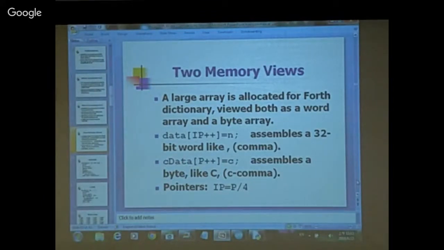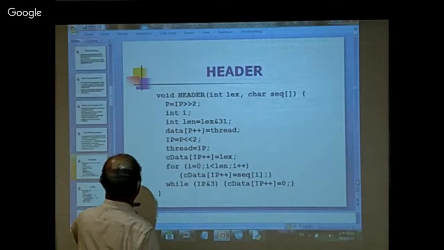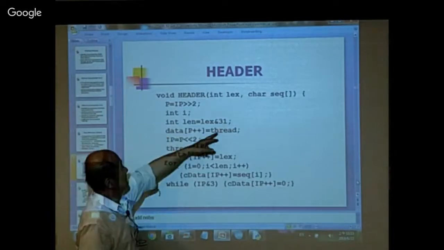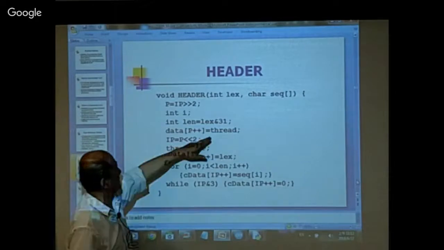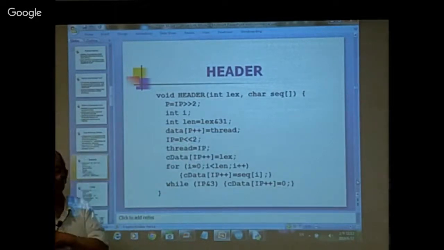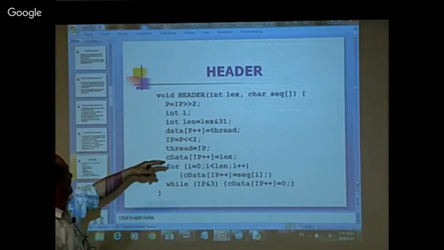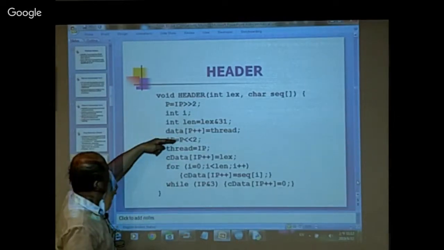Once you have that, then I will resync P and IP. And of course, I have to renew the thread so that the next word can compile its link field correctly. And once this is compiled correctly, then I start to compile the names byte by byte.